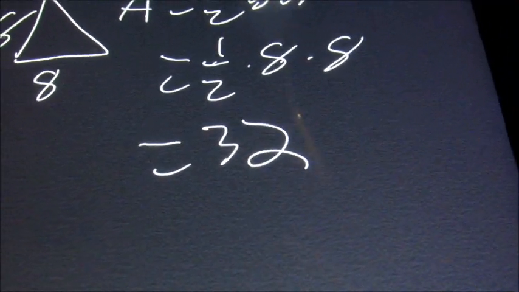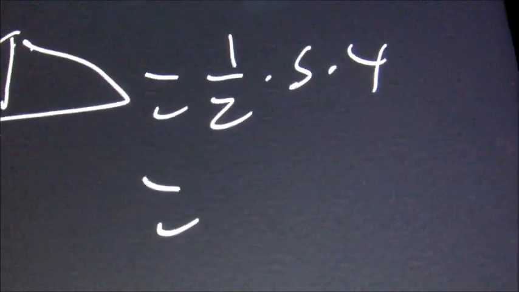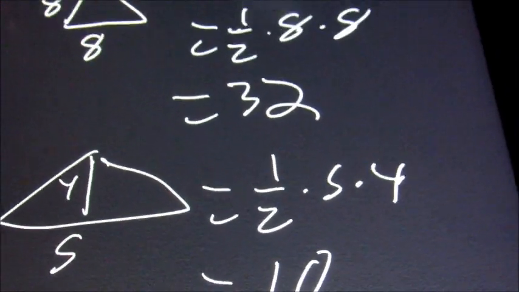And again, it doesn't matter if you wanted to do 1/2 times 8, which is 4 times 8, which is 32. Another triangle. Let's say we have the height is 4 and the base is 5. So it's 1/2 times 5 times 4. Now here, 5 times 4 is 20, divided by 2 is 10, or 1/2 of 4 is 2 times 5 is 10. However you want to do that.